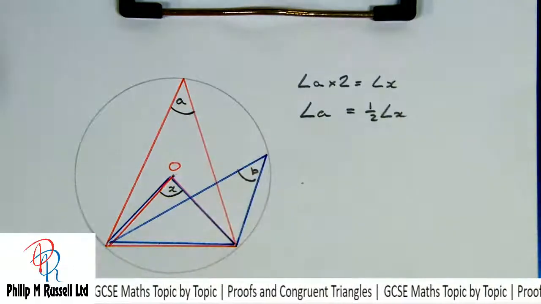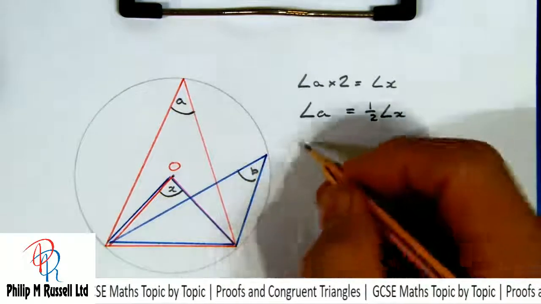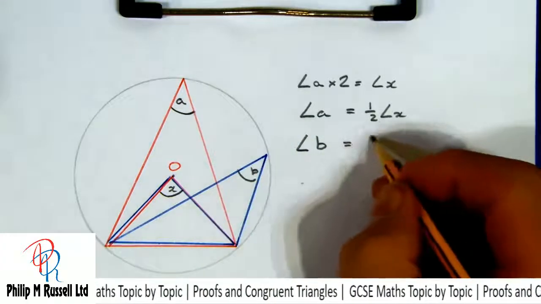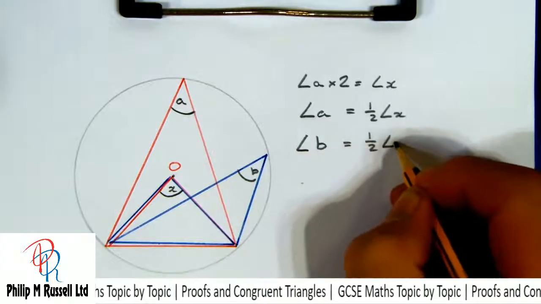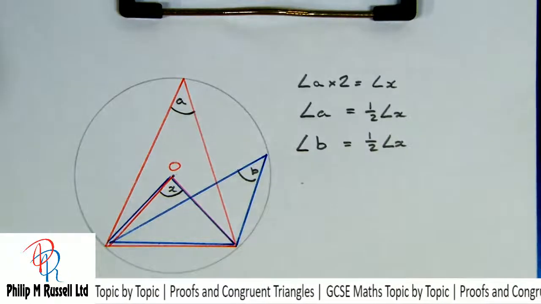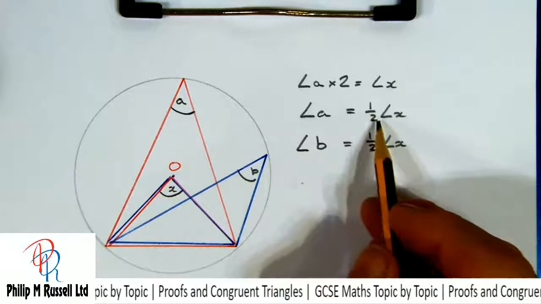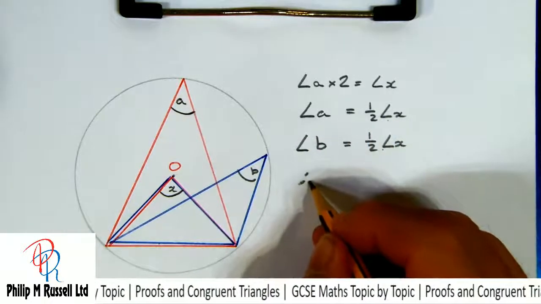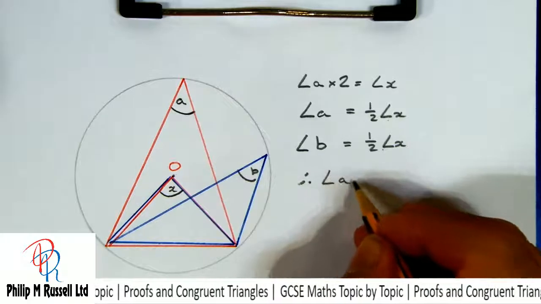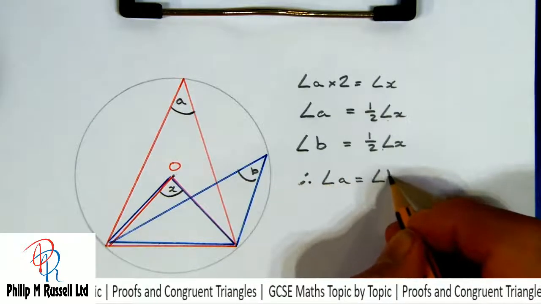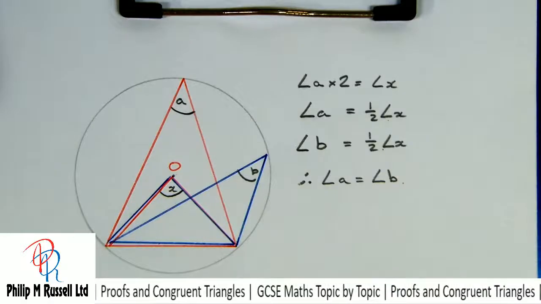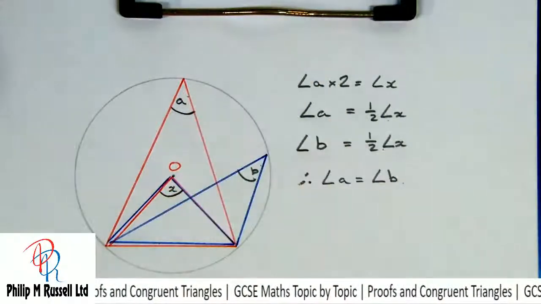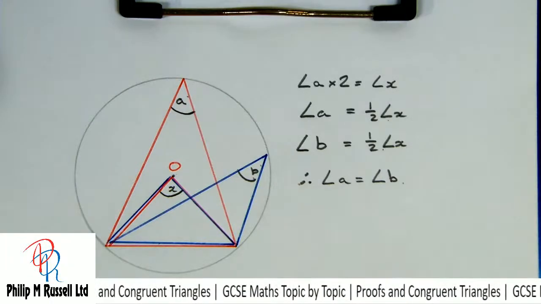So I can say that angle B equals a half of angle X. Well, we can see that if they both equal the same, therefore, angle A equals angle B. And I have just proved that angles in the same segment are equal.